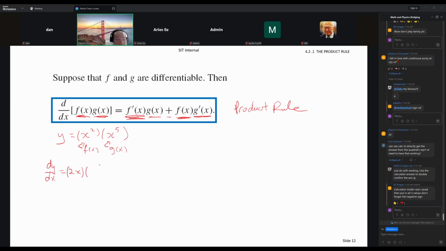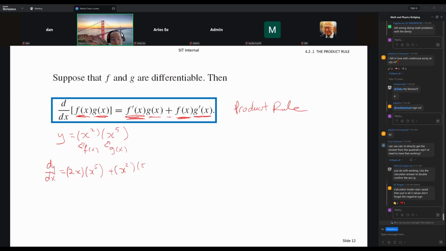Then it says keep the second function unchanged. Keep it unchanged. Then it's a plus sign. Then keep the first function unchanged. The first function is x squared. Then differentiate the second function, x to the power of 5. When you differentiate x to the power of 5, of course, you use the power rule.